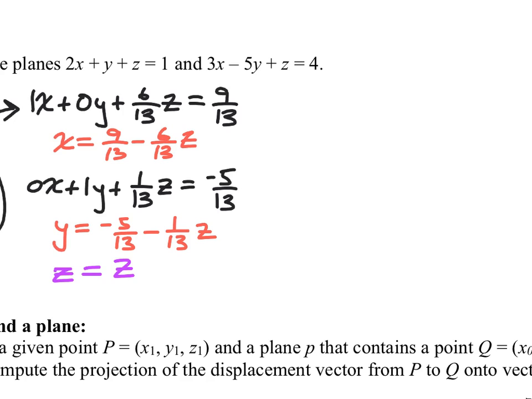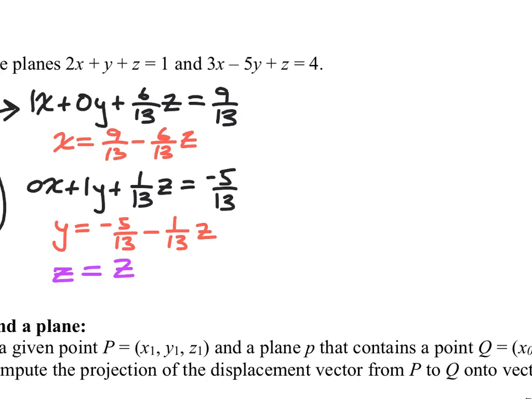So now it's just a matter of actually stating this in a reasonable way. Parametric equations are usually defined in terms of t. I don't see a t here, but what I can do is define a t to replace z in some capacity.